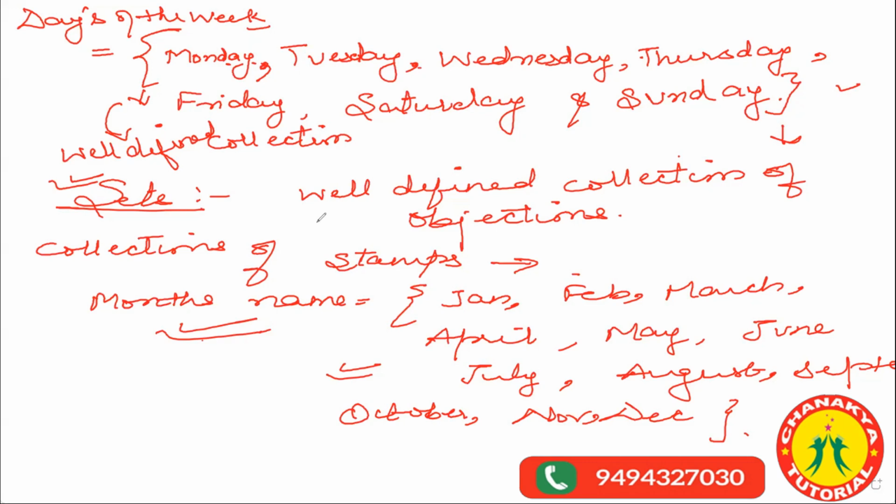Now children see, I have written here months' names. Suppose I have written here any collection, like even numbers. So what are even numbers? Which are divisible by 2. So 2, 4, 6, 8, 10, 12 and so on.